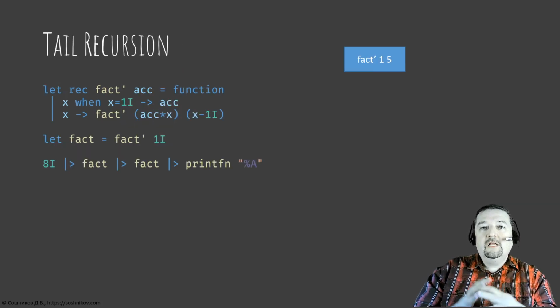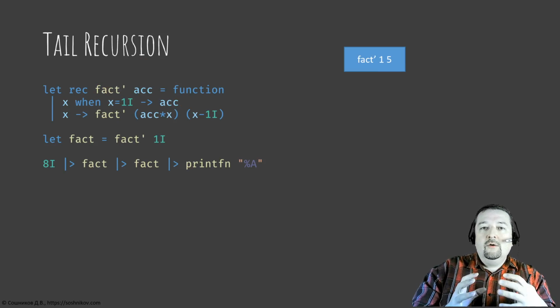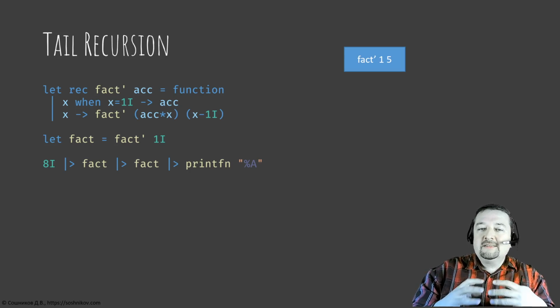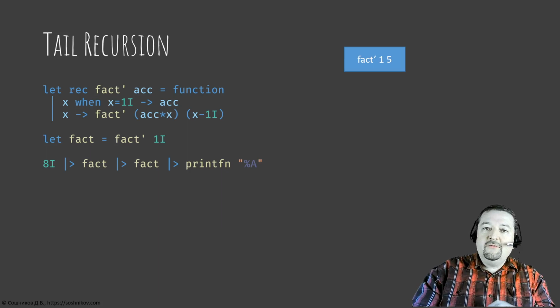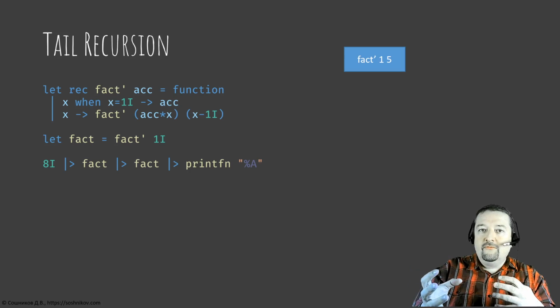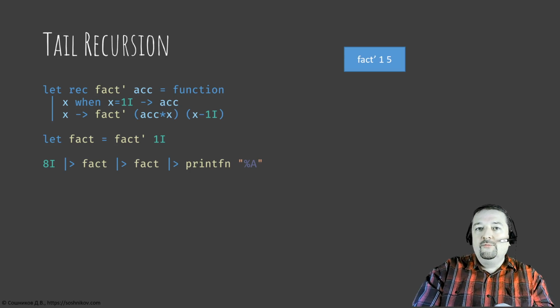So the idea of tail recursion is that we want to write a function in such a way that the function call is the last thing during our function execution. In the previous definition, if I want to calculate factorial of 5, I first need to calculate factorial of 4, and then I need to multiply the result by 5. I need to do one more computation after the recursive call.